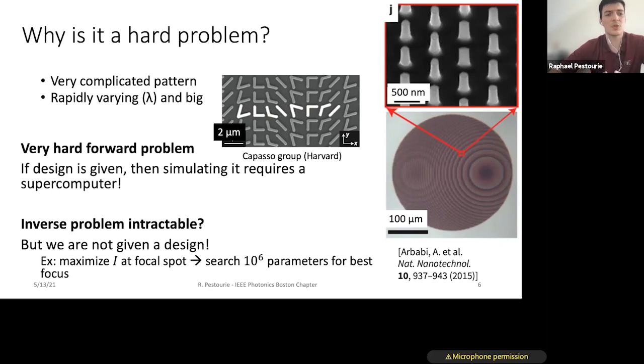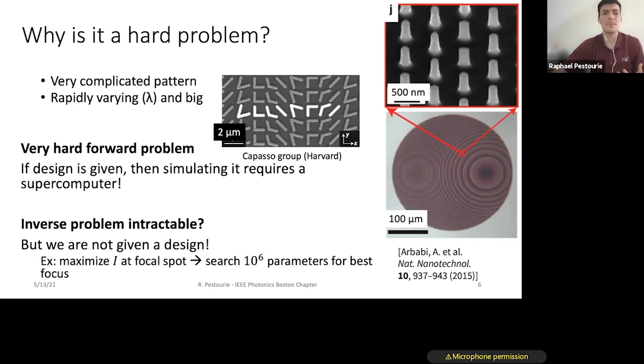If the forward problem is already very hard, the problem we're trying to solve is to find the geometry parameters. We want to find all the small features of the surface, and this can be parameterized with a million to billions of parameters, and we're not given a metasurface, so it seems even harder to do.